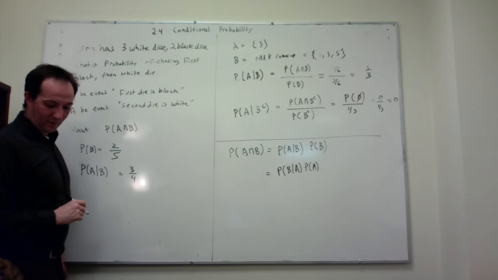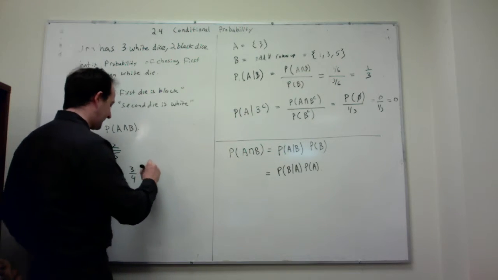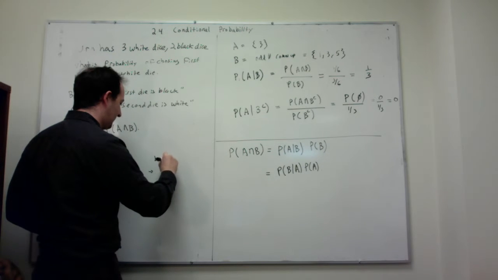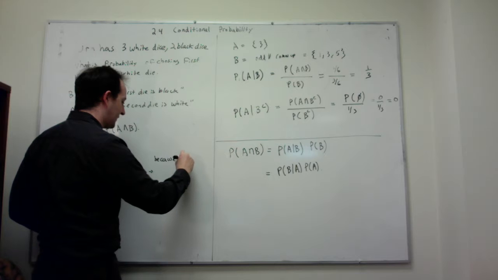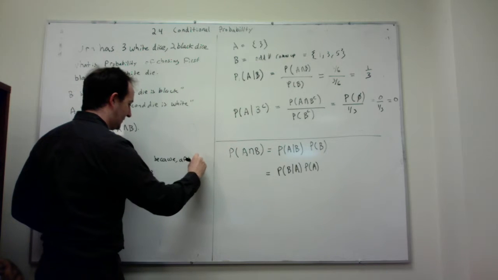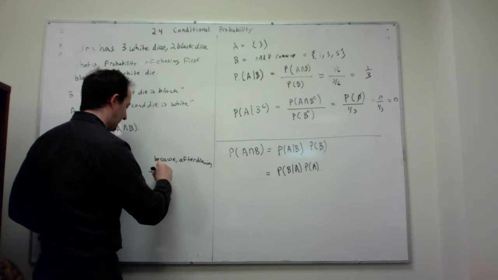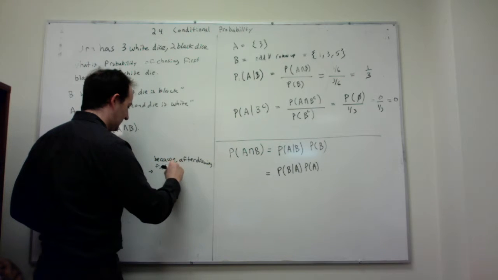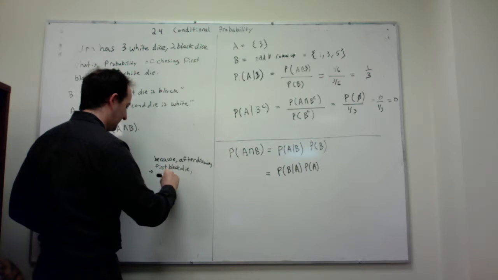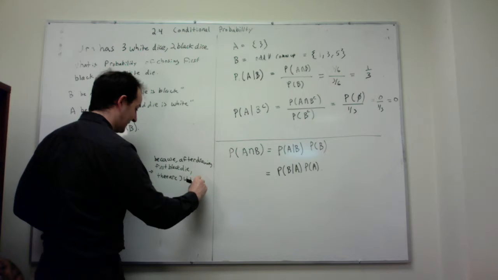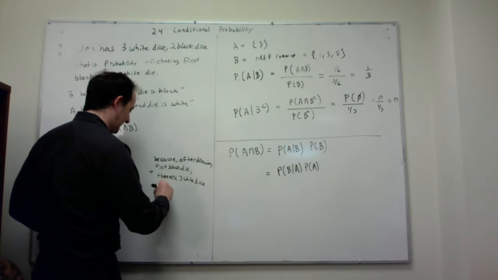Let me just write this down: after drawing the first black die, there are 3 white dice and 1 black die.